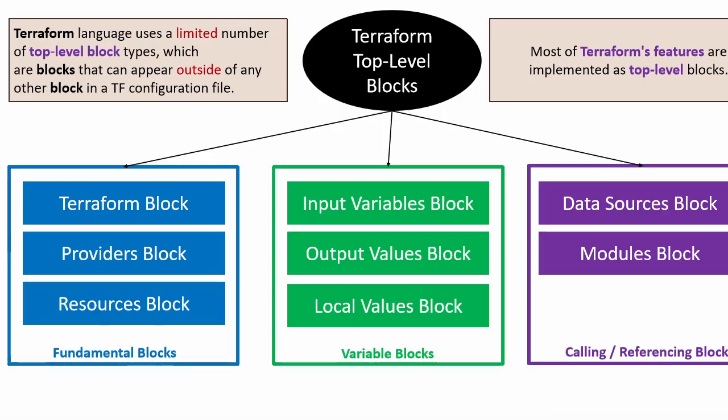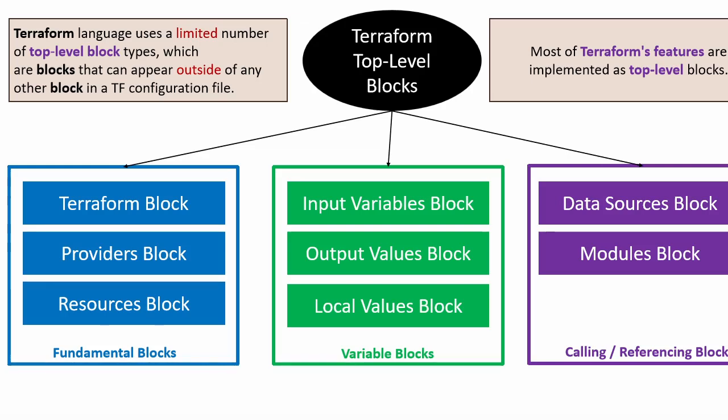What we are going to discuss at a high level: the Terraform language uses a limited number of top level block types, which are blocks that can appear outside of any other block in a TF configuration file. What are the blocks? In the last video we saw a resource, aws_instance, which is a block. There are many blocks like this: the Terraform block, provider block, and resource block.